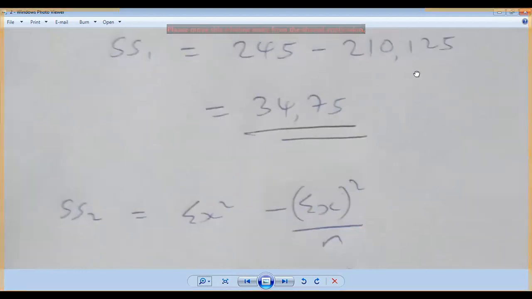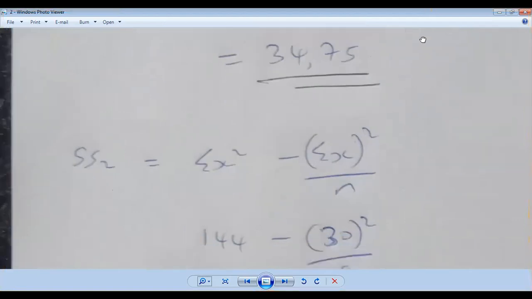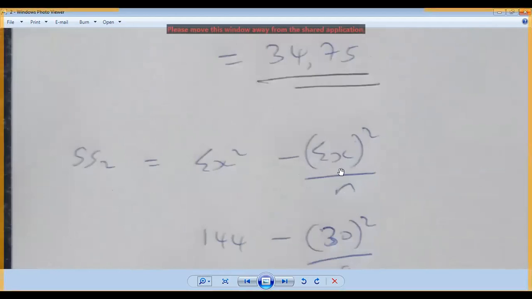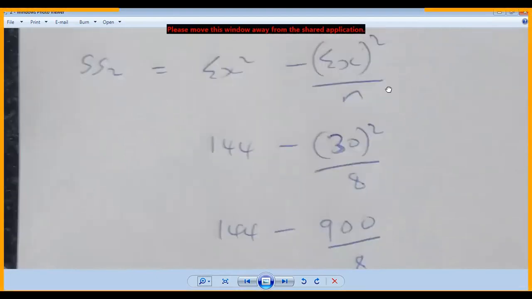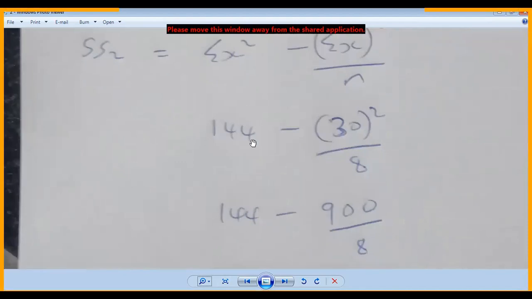We do the same for group number 2. We need to calculate the sum of scores for group number 2, which is summation of x squared minus summation of x bracket squared over n. Summation of x squared from our previous calculation there is 144.